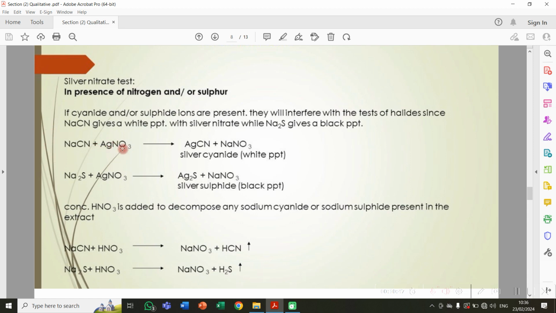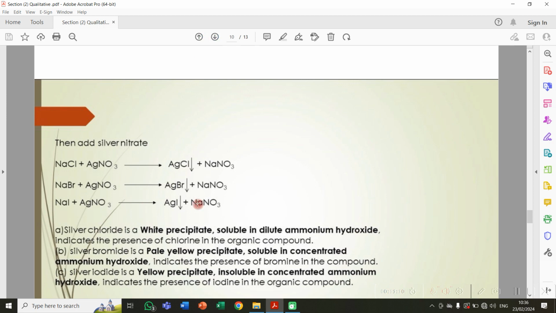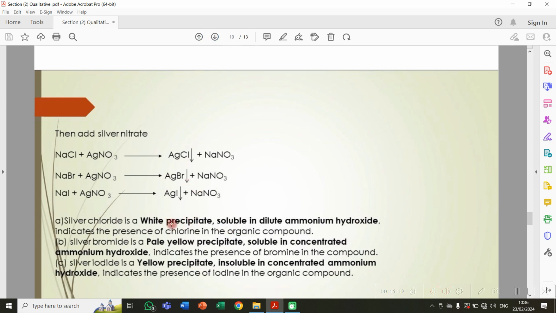The silver nitrate will react with the halogen, okay, but it will also react with this sodium cyanide, giving us silver cyanide that is white precipitate. And if sulfur is present, silver nitrate will also react with sodium sulfide, giving us silver sulfide that is black precipitate. So this white precipitate and this black precipitate will mask our results, will mask the white precipitate, the pale yellow, or the yellow precipitate.